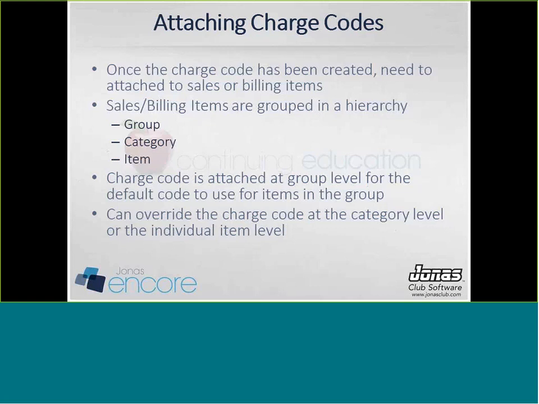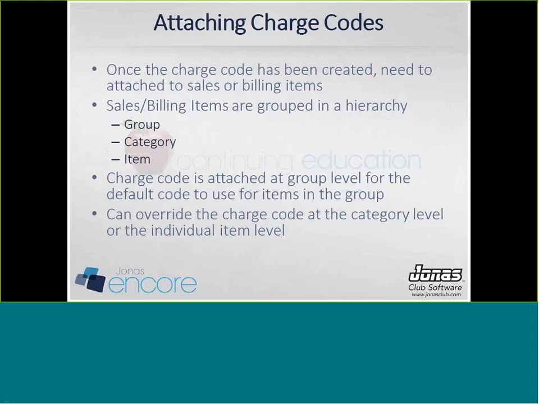So again, an example, lunch sandwiches: on that category you would have a charge code, and that would go to food sales. Or on the category of non-alcoholic beverages, that would go to beverage sales. Or the category of red wine bottles, that would go to your wine sales.